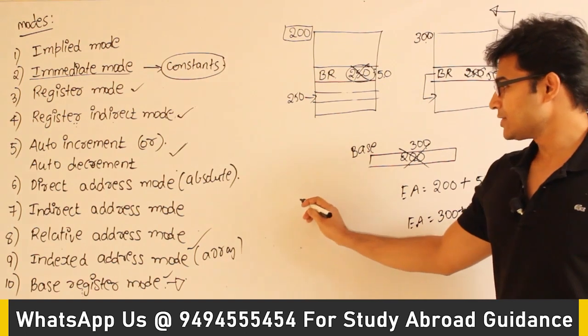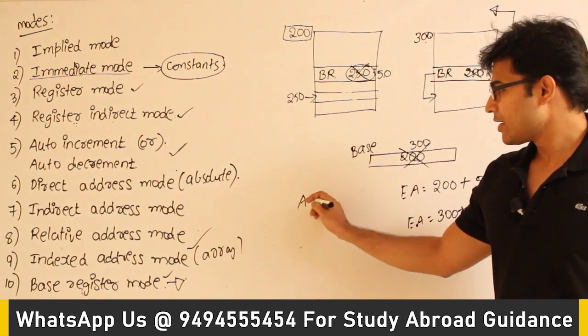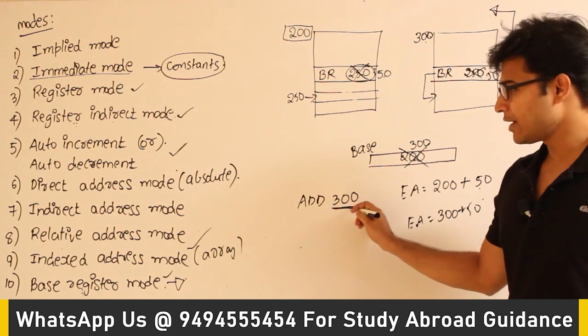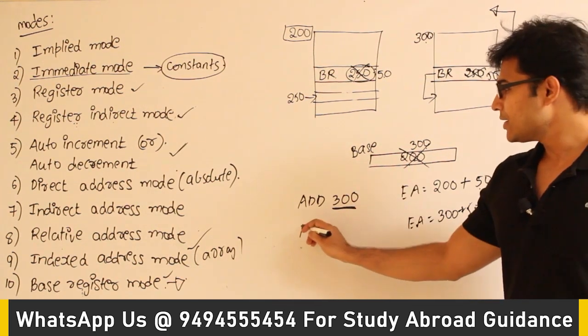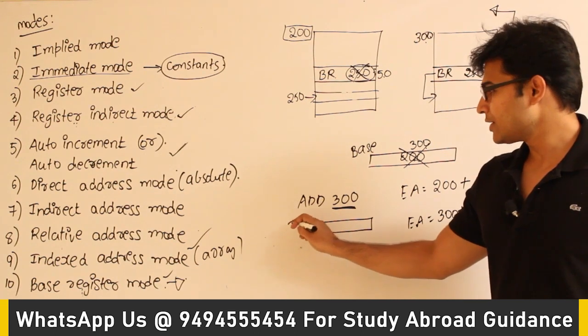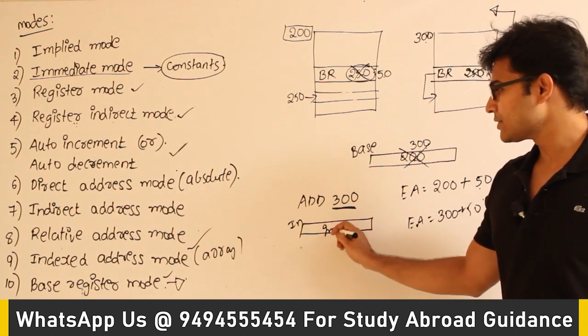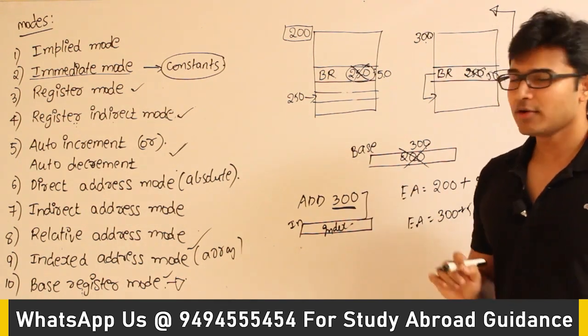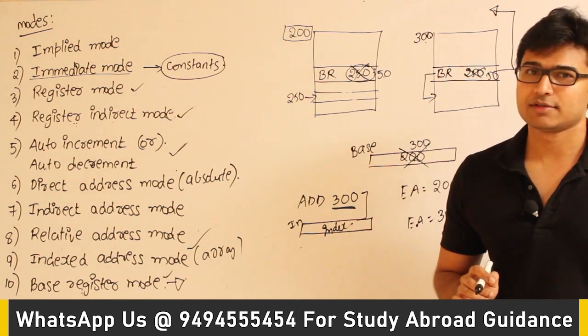The main difference is the instruction is going to contain the base of the array, and inside the register called the index register, we get the index, right? And now when we add these two, we are going to get the effective address.